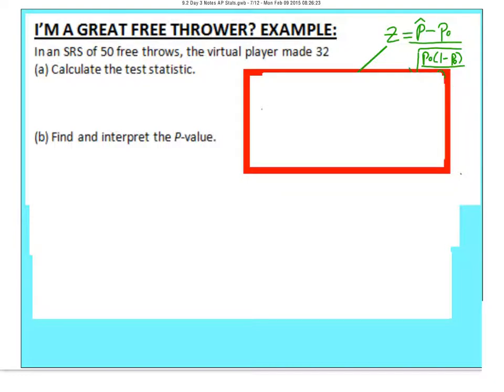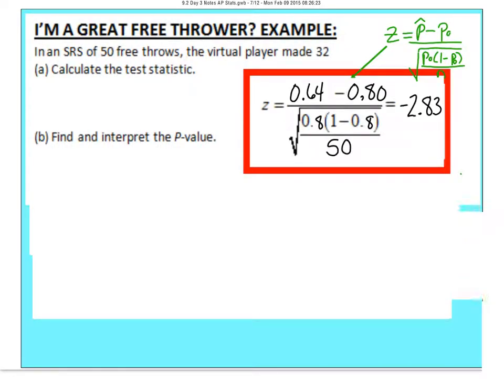The hypothesis test differs from the confidence interval for proportions: the hypothesis test uses p naught, whereas the confidence interval uses p hat, so don't make that confusion. If you were asked to compute the statistic, which you could possibly see in a multiple choice test, for our free throw, remember the null hypothesis was 80%.